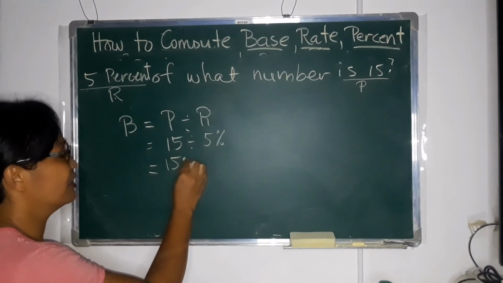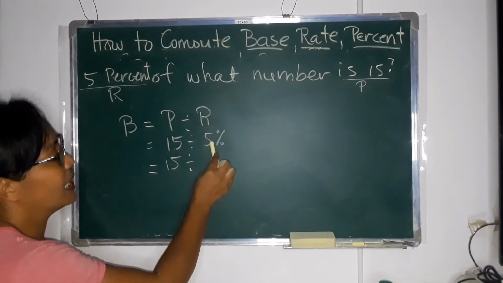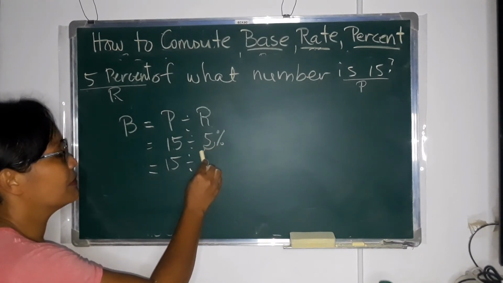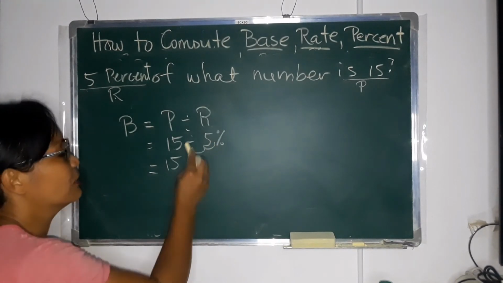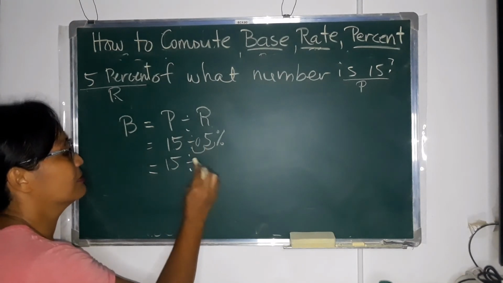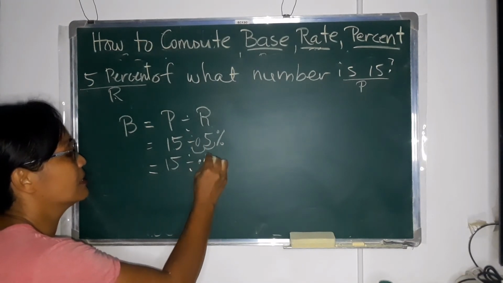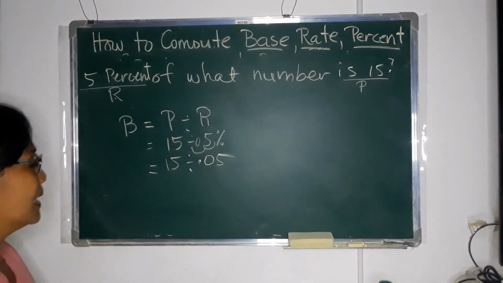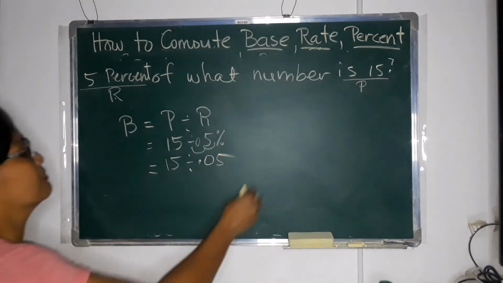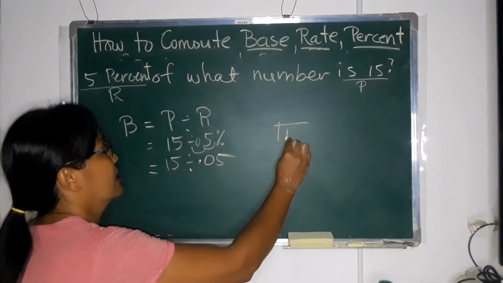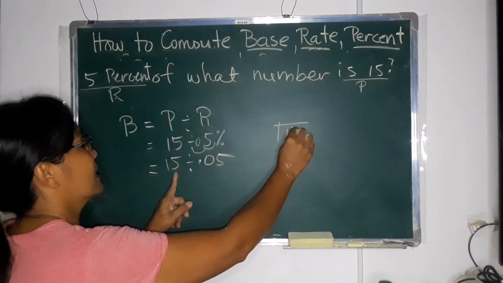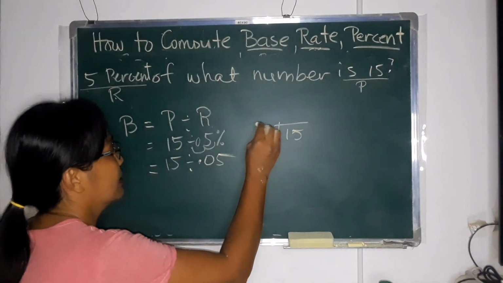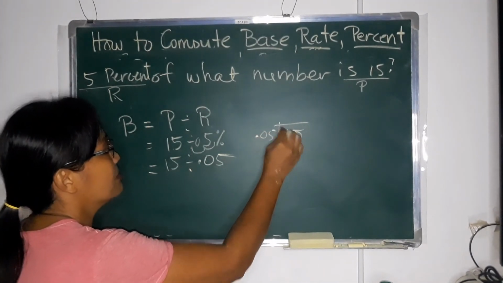Palitan muna si percent to decimal by moving to the left twice. Kung walang nakalagay dito, that is 0. So, 0.05. Pagkatapos yan ay mag-divide na tayo. So, 15, yung number nasa loob, si P, divided by 0.05.